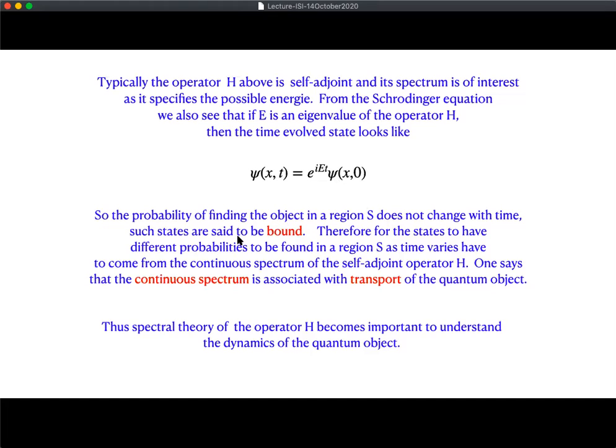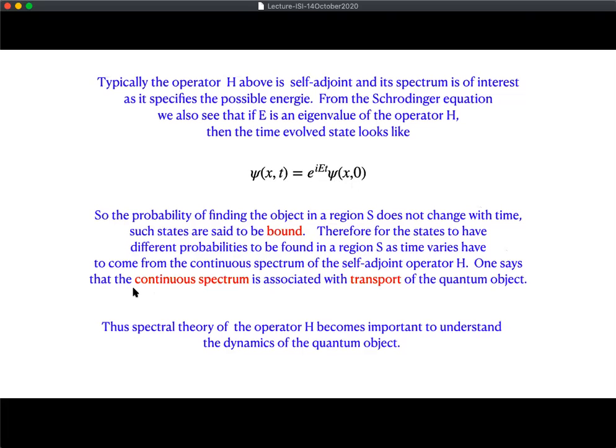Such states are said to be bound. For a state to have different probabilities of being found in the region S as time varies, it has to come from the continuous part of the spectrum of this self-adjoint operator H. It cannot come from the eigenvalues of H.